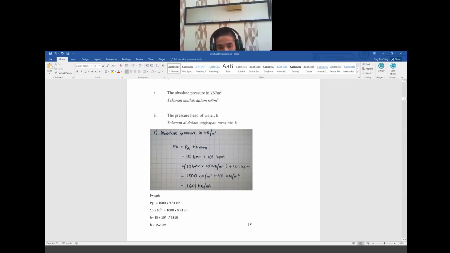Okay, hopefully you can obtain the same answer as mine here. So the tricky part will be which pressure to consider. As I mentioned to you, you will only consider the gauge pressure, because we have tagged the atmosphere pressure here as the datum line.